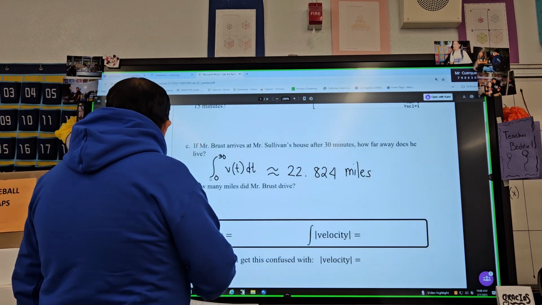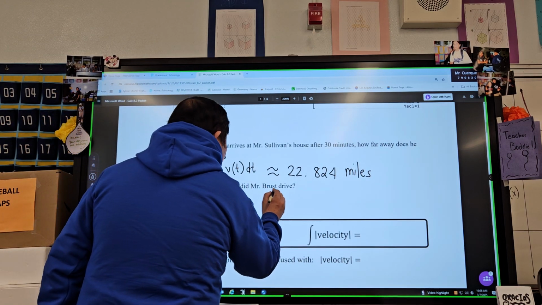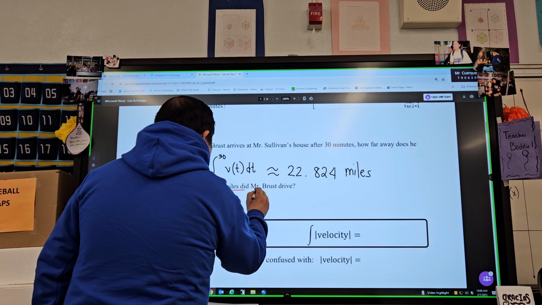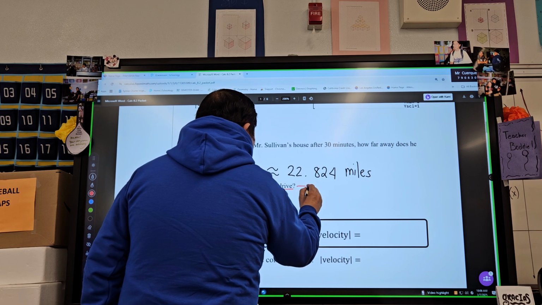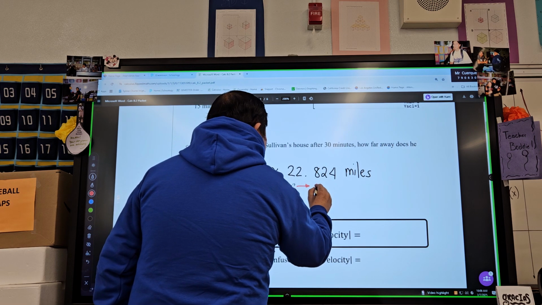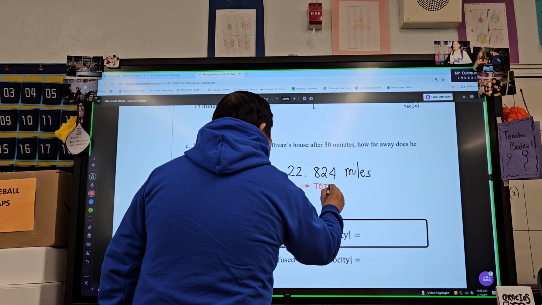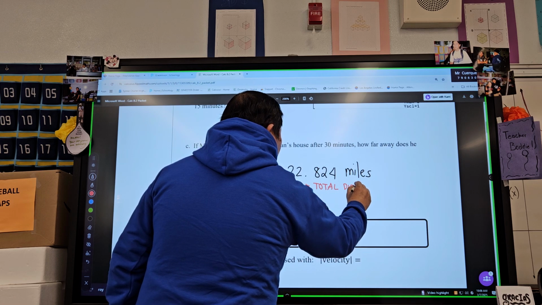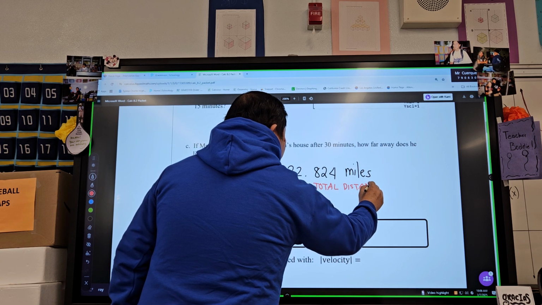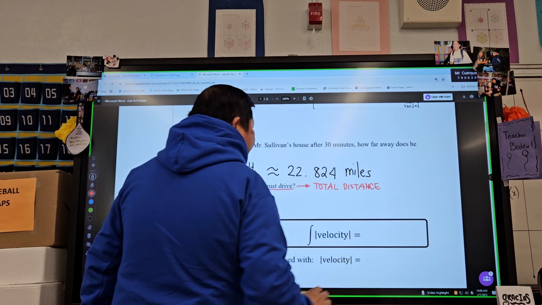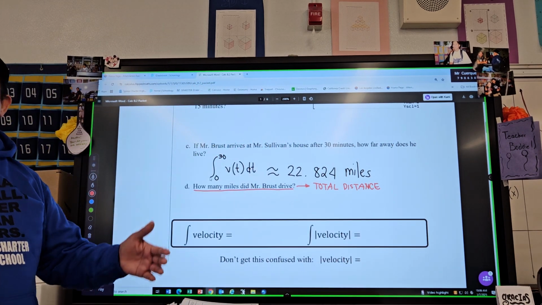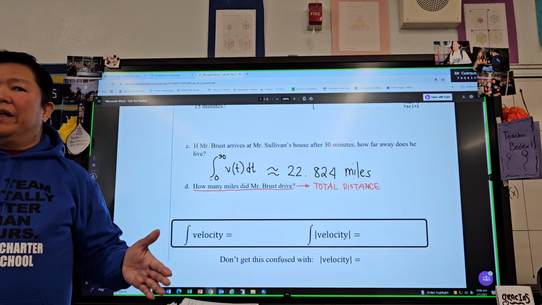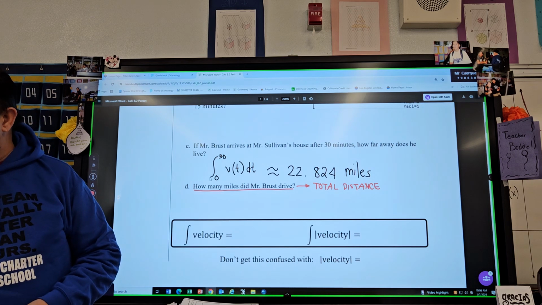Total distance. So for this one, how many miles did Mr. Bros drive implies his total distance. So when we say total distance, it's gonna be the absolute value of the velocity.